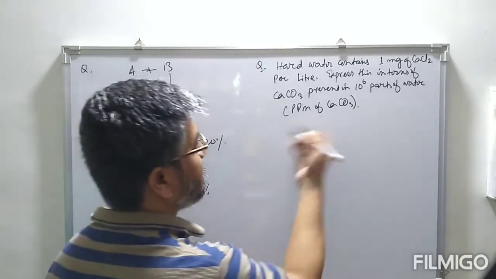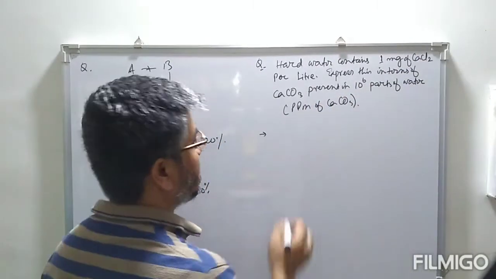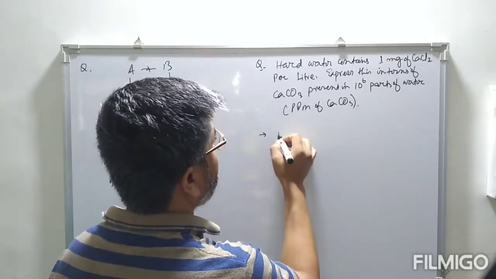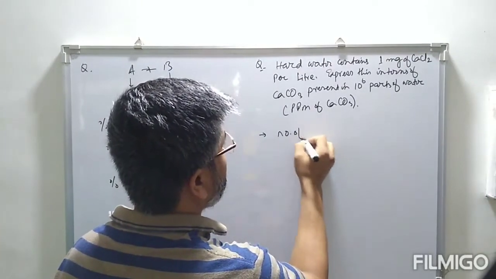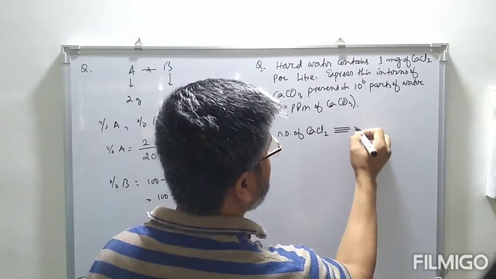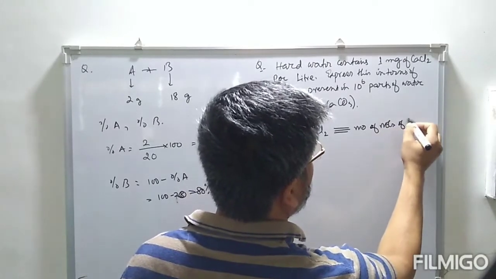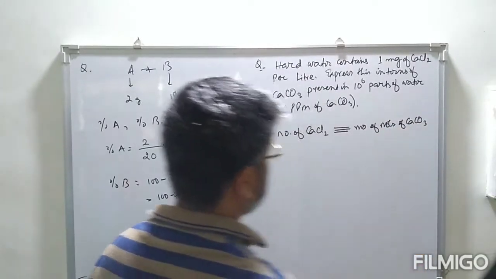So if you look at this, we have to convert this calcium chloride into calcium carbonate. Number of moles of calcium chloride is equivalent to number of moles of calcium carbonate.